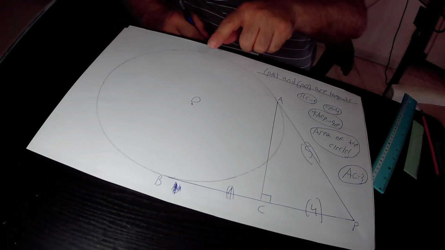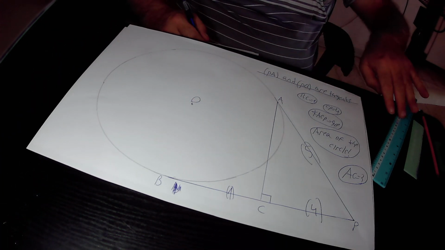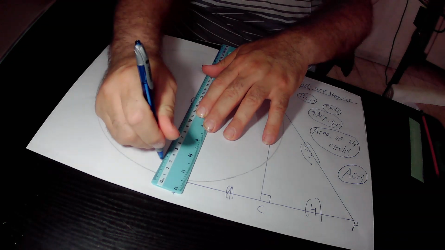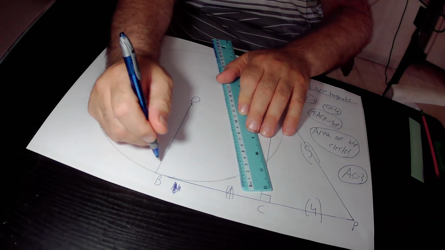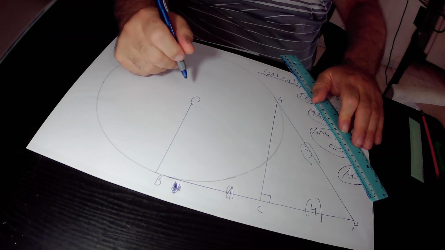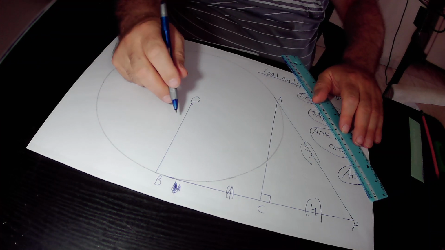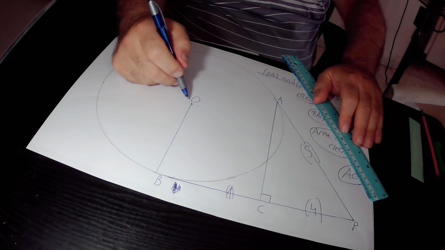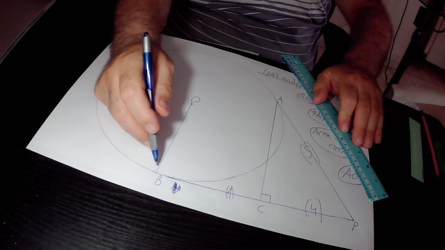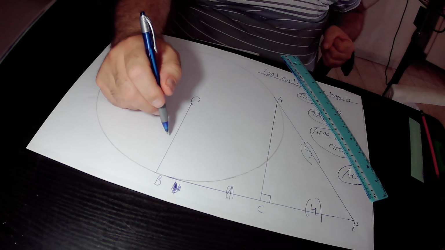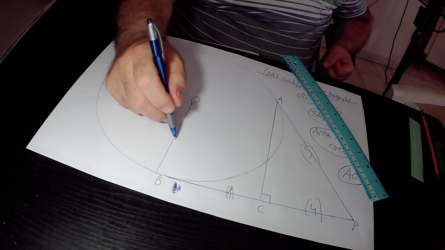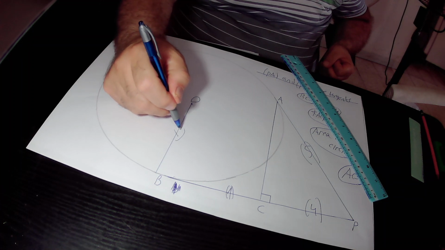So in the next step, we join points O and B together by a straight line. What is the definition of line segment OB? Line segment OB starts from point O, that is the center of the circle, and ends at point B, that is a point on the circle itself. So this is exactly the definition of a radius. Therefore, OB is the radius of the circle, and it equals x according to our definition.